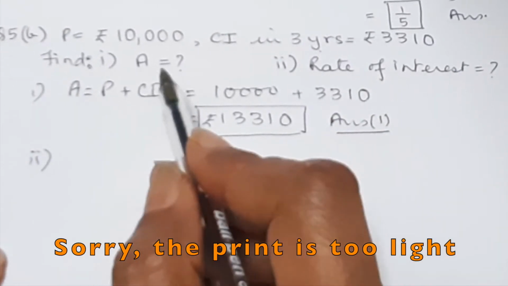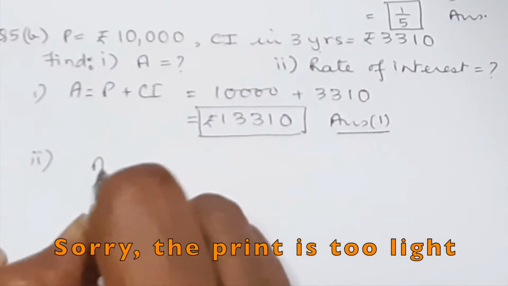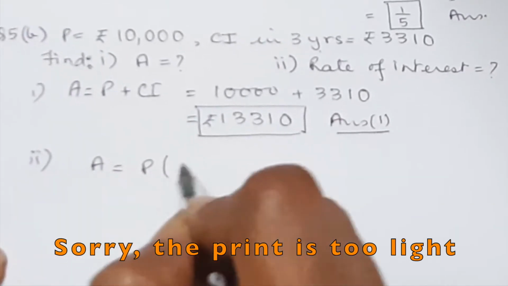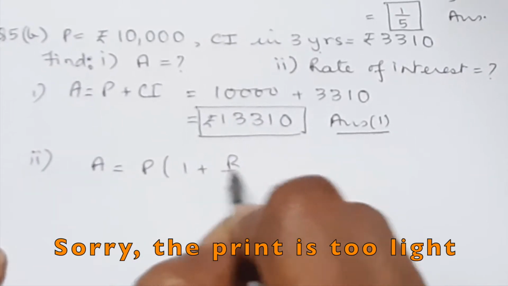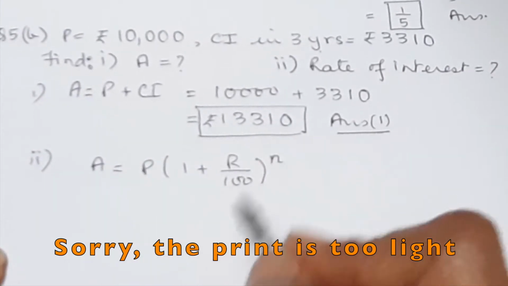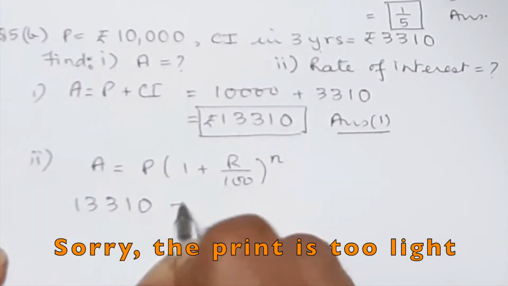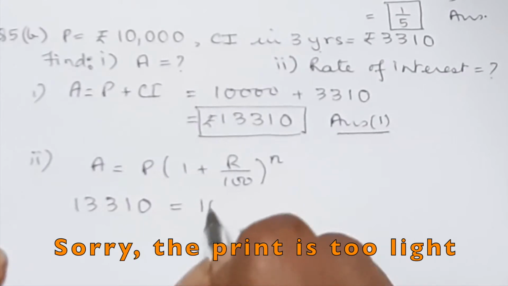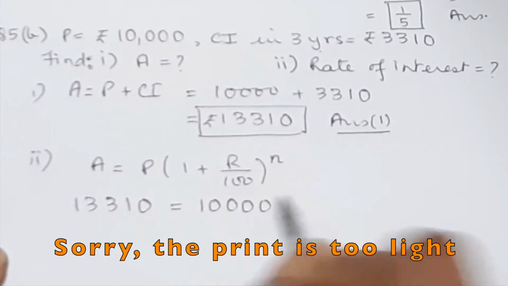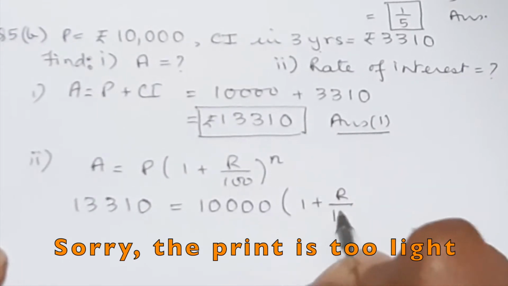So we are going to connect amount with the principal, and our formula is A is equal to P into bracket 1 plus R upon 100 to the power N. So amount we have already found out. It is 13310 is equal to principal is 10,000 into bracket 1 plus R upon 100.